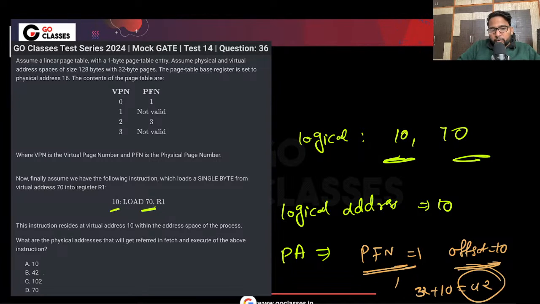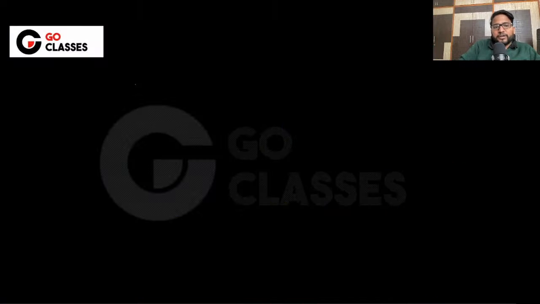So 42 will be accessed. If this is 70, then 70 mod 32 is 2, it is not completely divisible, so 2 is the quotient, and then this is 64 and 6. So 6 is the offset.